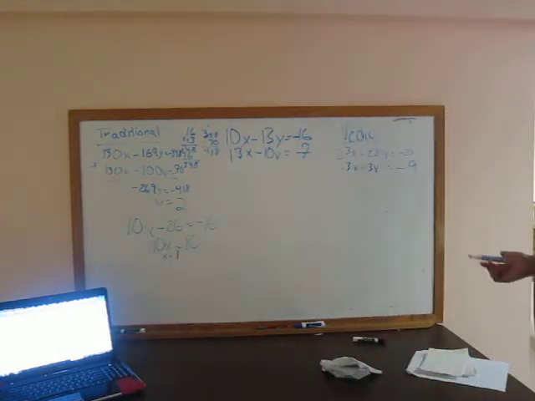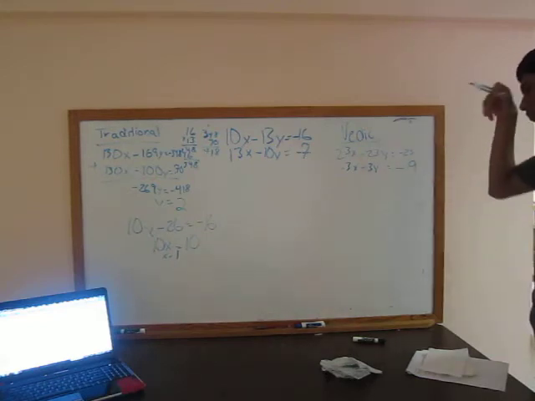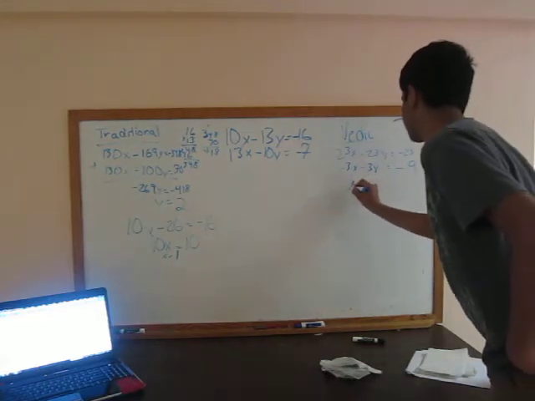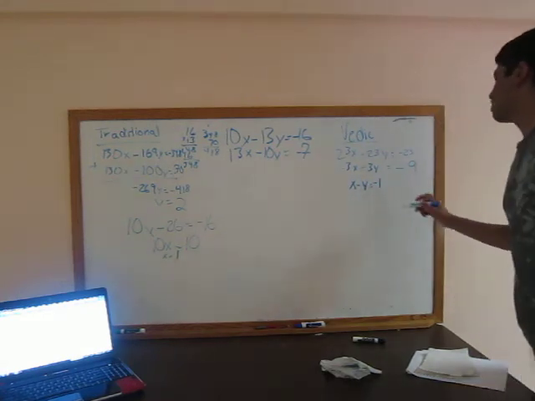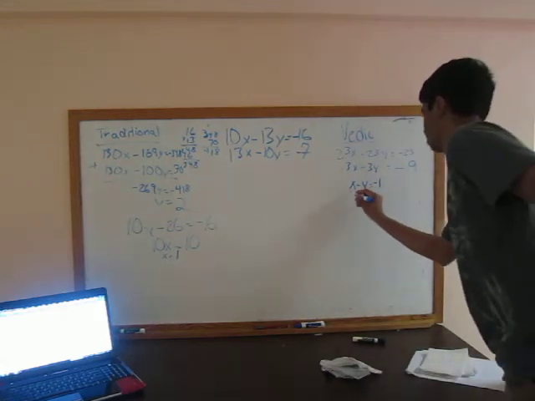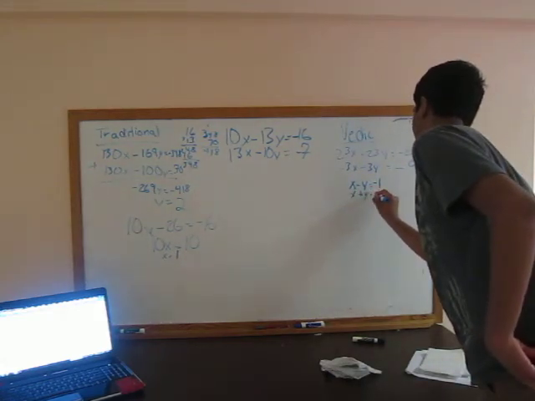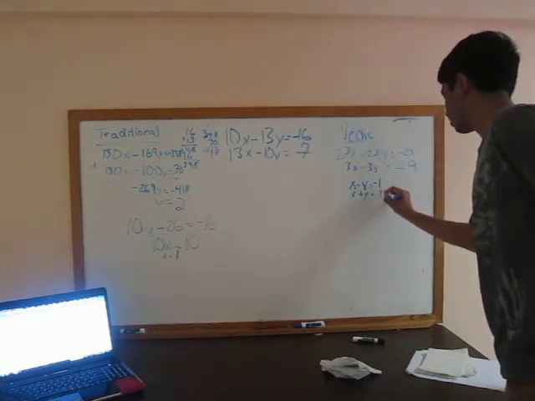Now, I'm going to simplify this equation by dividing everything through by 23. So that's x minus y equals negative 1. Then I'm going to simplify this equation by dividing everything by negative 3. x plus y equals 3.